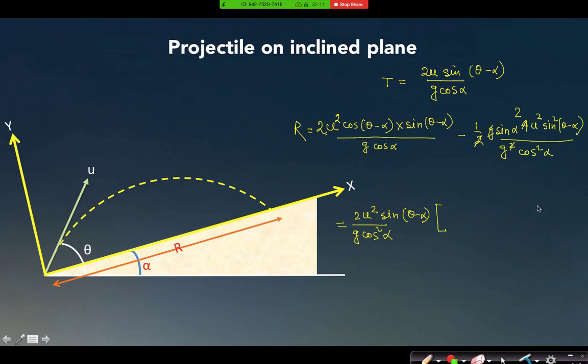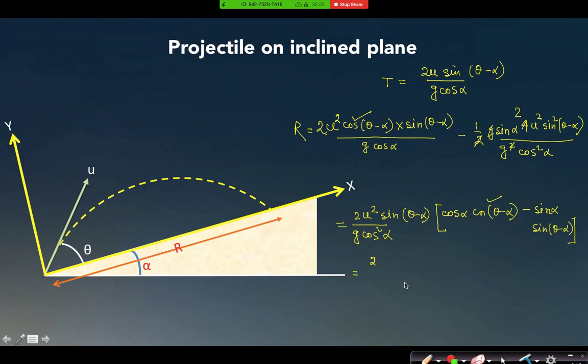Inside the bracket, for the first term I will take cos alpha into cos(theta minus alpha), and for the second term minus sin alpha into sin(theta minus alpha). I have taken 1 by cos square and there is only 1 by cos in the first term, so I have taken one cos alpha inside this bracket.